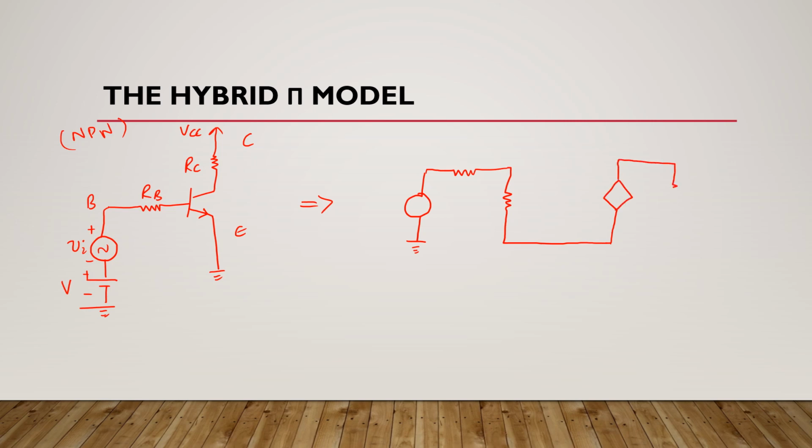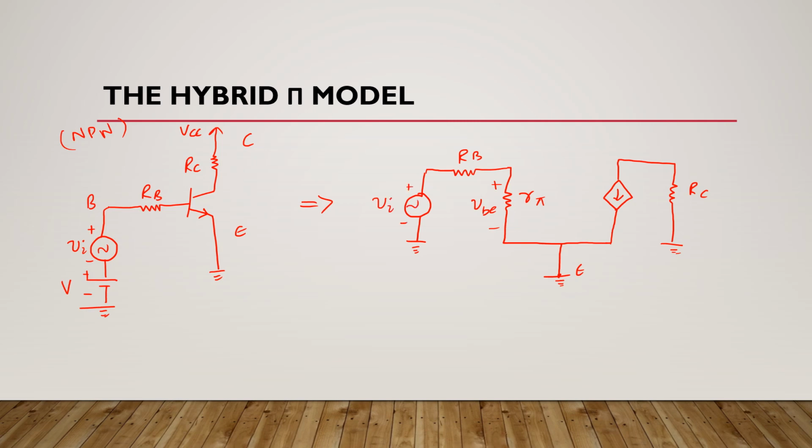Okay, this is RB, this is RC, and since it is an NPN transistor, the arrow will be like this. This is the emitter, and we know that here it is grounded. This is VBE, this terminal is positive, this is negative, this is R pi, this is VI, and it is like this.